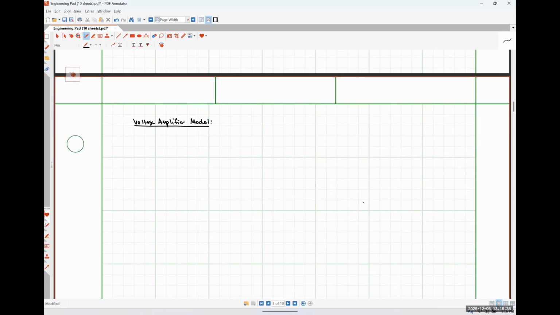So anytime that we have a voltage amplifier where gain, input resistance, and output resistance are known quantities, we can just replace it with this simple circuit. Here is our input resistance. These are the terminals across which we apply our input voltage.